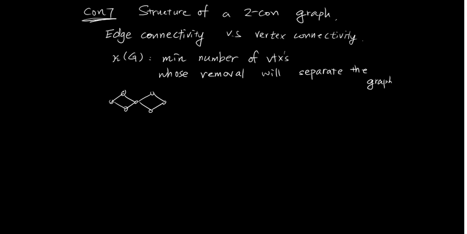We have seen this. This graph has kappa equal to 1 because you can just pick the middle vertex. And try to draw some more examples, then it can help you to understand better about this concept.